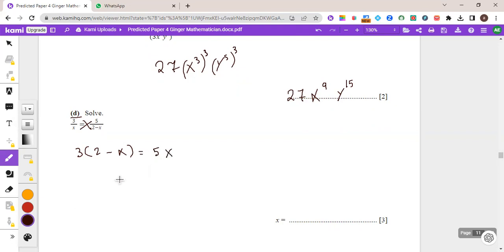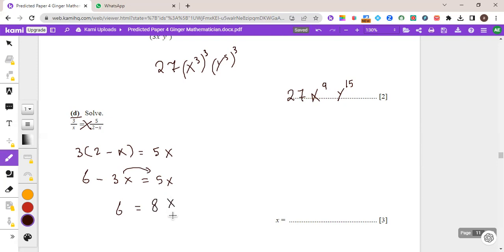Okay. Now expand. 3 multiplied by 2 and 3 multiplied by x, which is going to be 6 negative 3x.